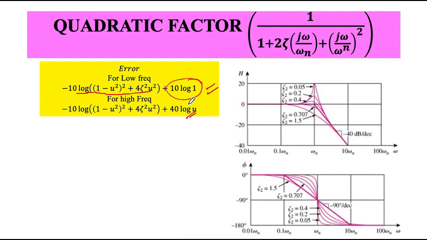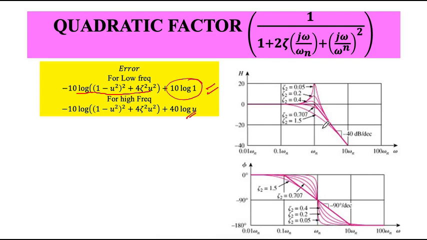What we see here is that we can no longer just compute by substituting the value of omega, and we can't get a closed-form expression. It depends on omega n, and it will be different for different zeta values. We will not spend time computing this. I will just show you how the plot would look.